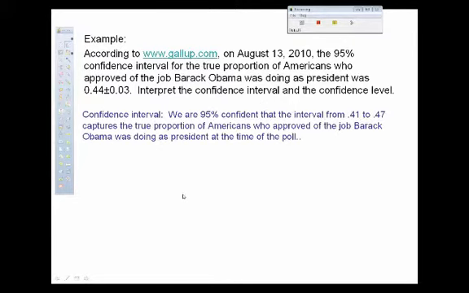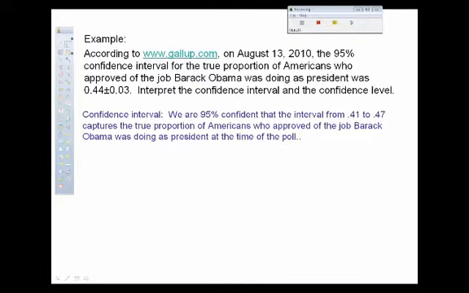So let's take the confidence interval. We are 95% confident that the interval from 0.41 to 0.47, 0.41 meaning minus 0.03 and 0.47 meaning plus, captures the true proportion of Americans who approved of the job Barack Obama was doing as president at the time of the poll.